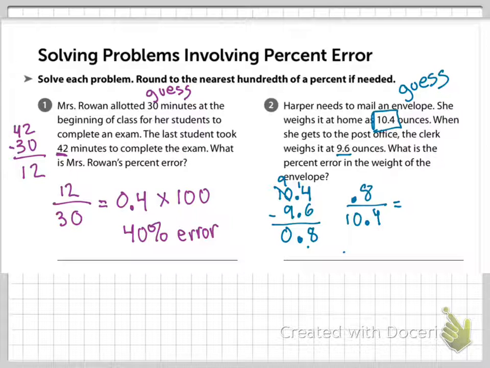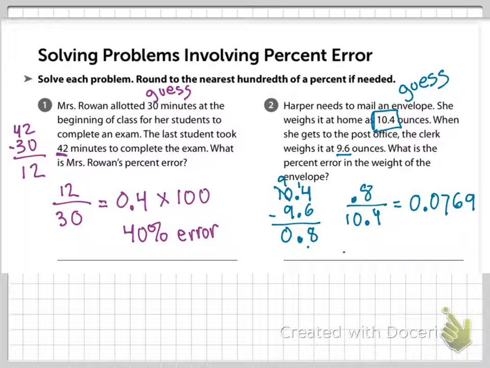I'm going to write this to 3 decimal places because it's going to help me round. I'm sorry, 0.0. Erase that. 0.0769. I'm writing it to 4 decimal places.